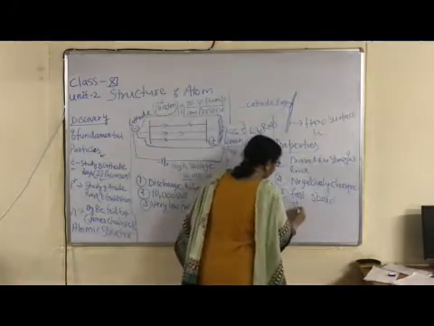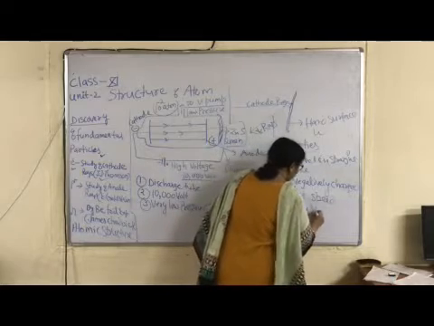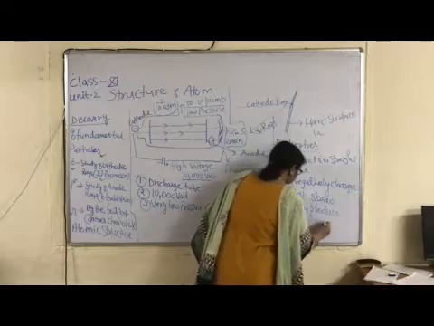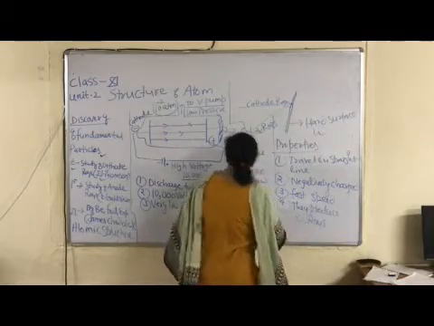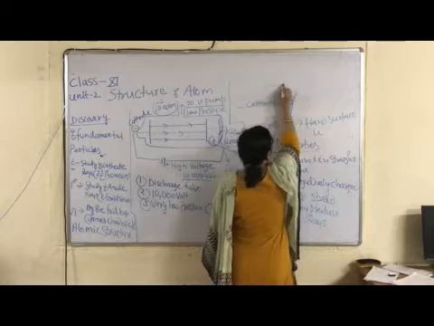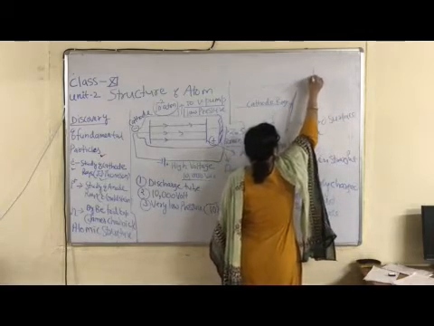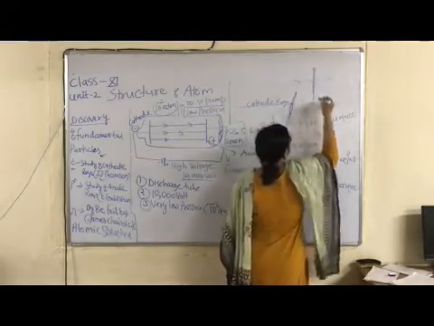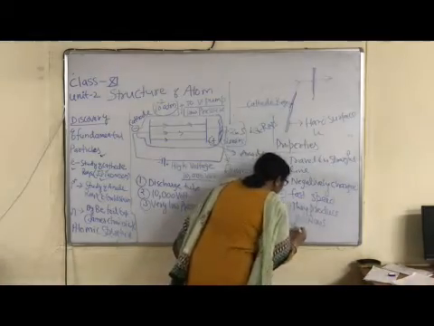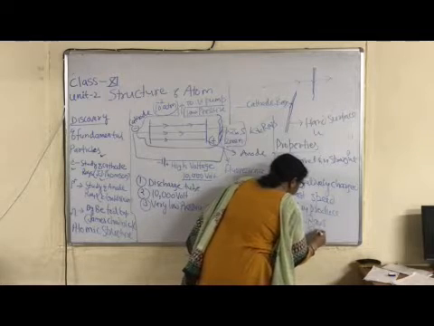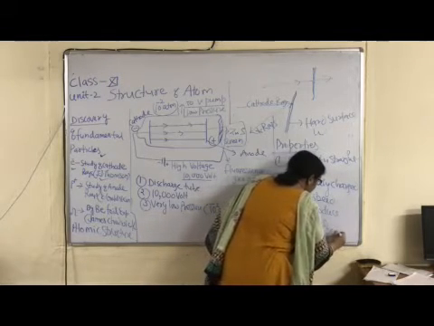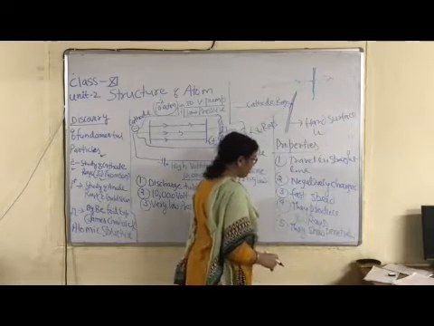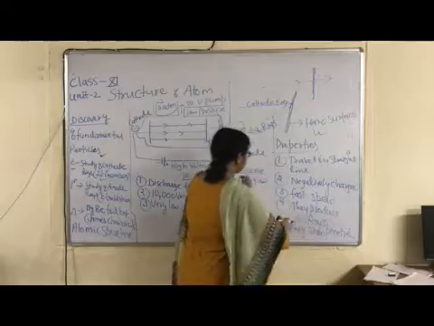I am writing only the keyword: they produce X-rays. They also show a penetrating effect. When cathode rays are allowed to pass through a metallic surface, they show a penetrating effect. This effect is known as the penetrating effect.